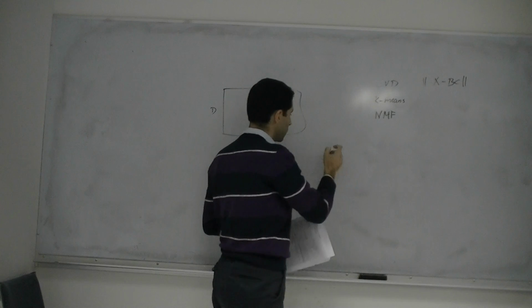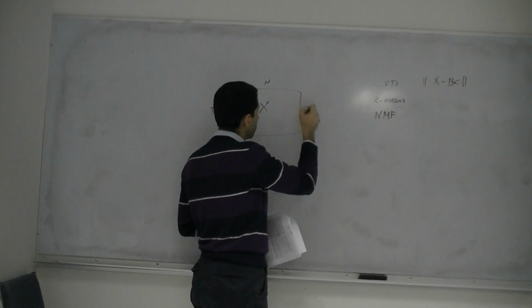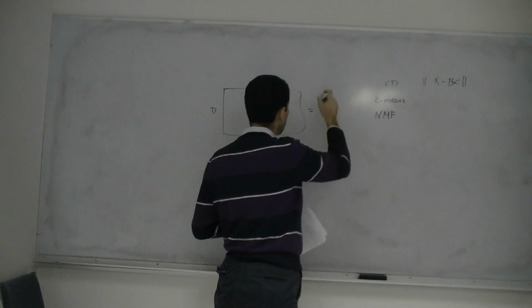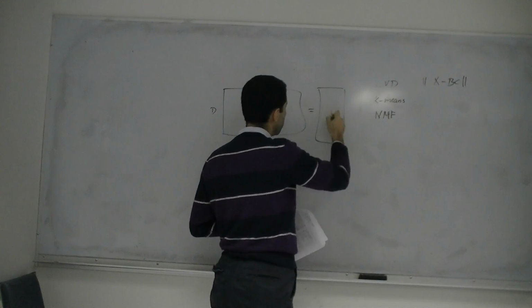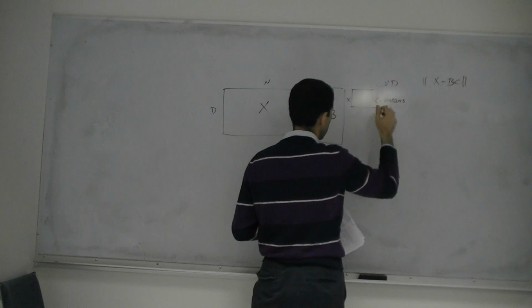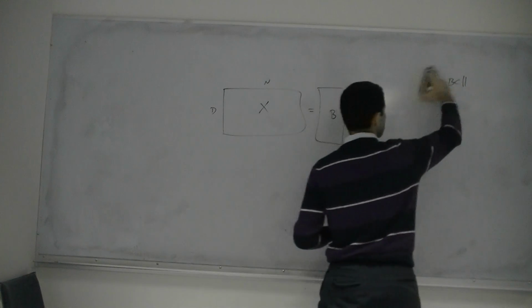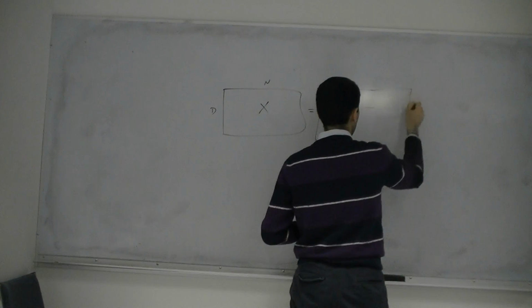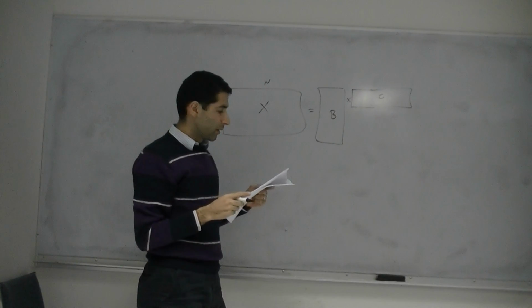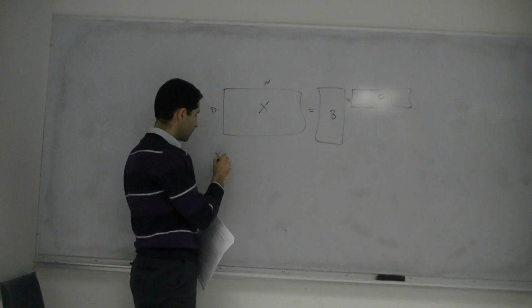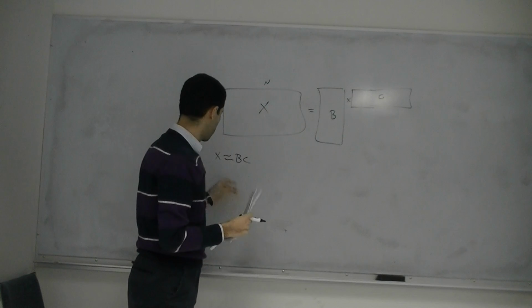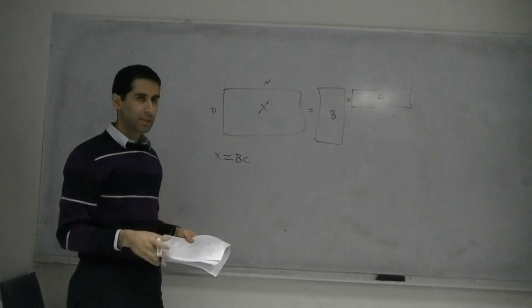Here we want to model X as two matrices: B, which is our bases, multiplied by a matrix C, so that it is similar and has less error.